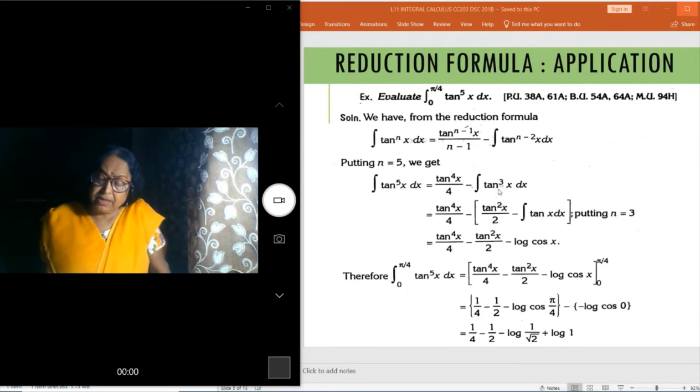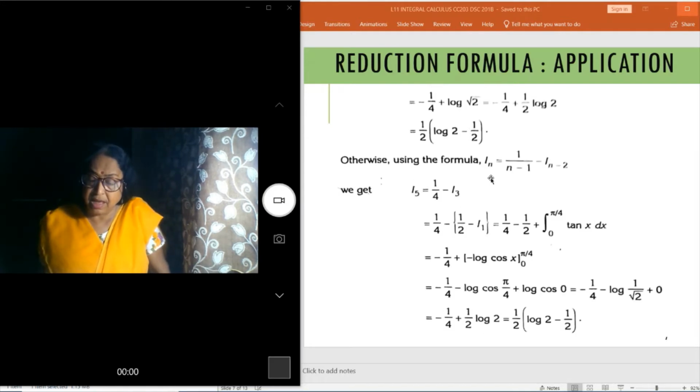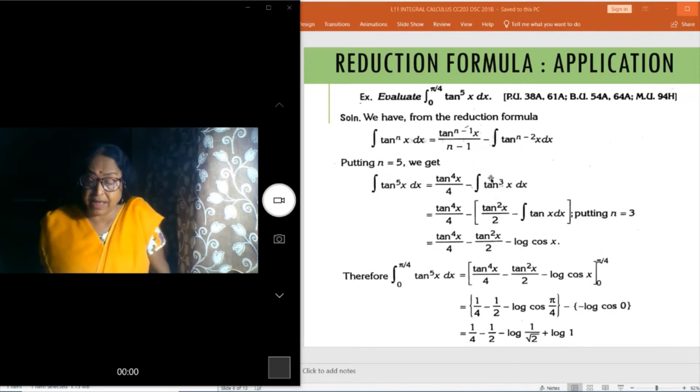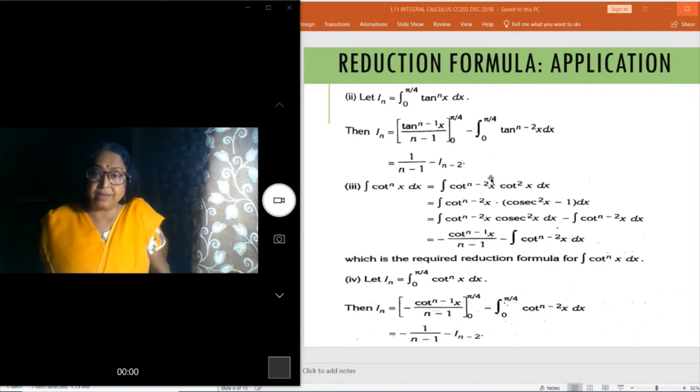Similarly, in the same way, cot to the power n x dx is also written as cot to the power n minus 2 into cot square x dx. And cot square x dx can be written as cosec square x minus 1 into dx.